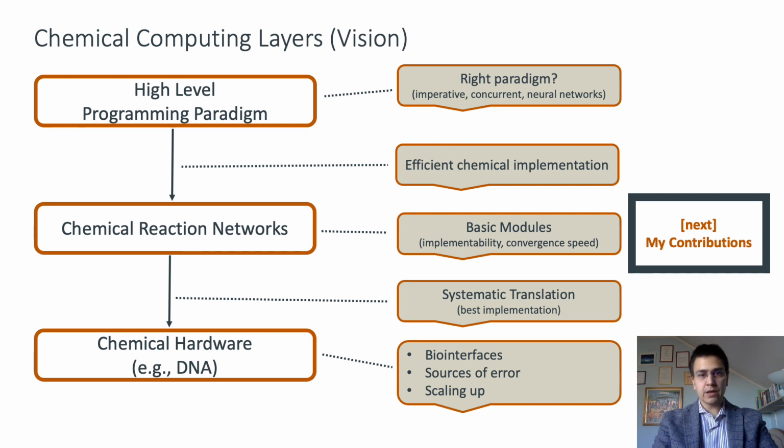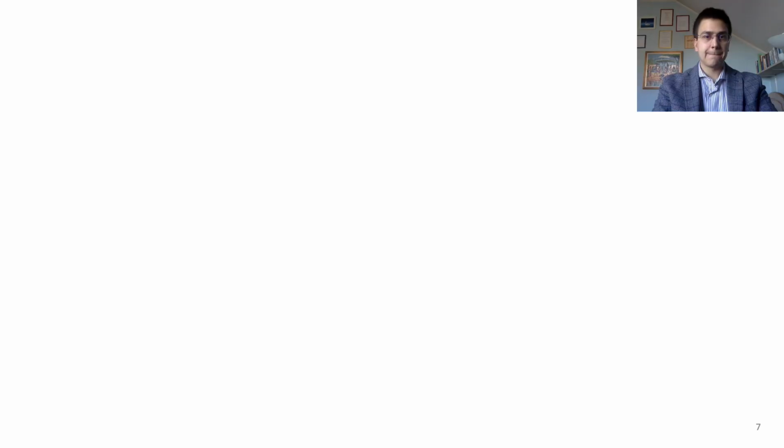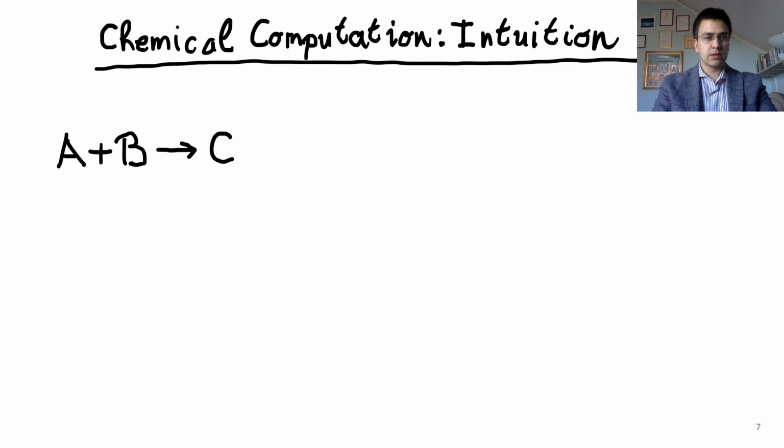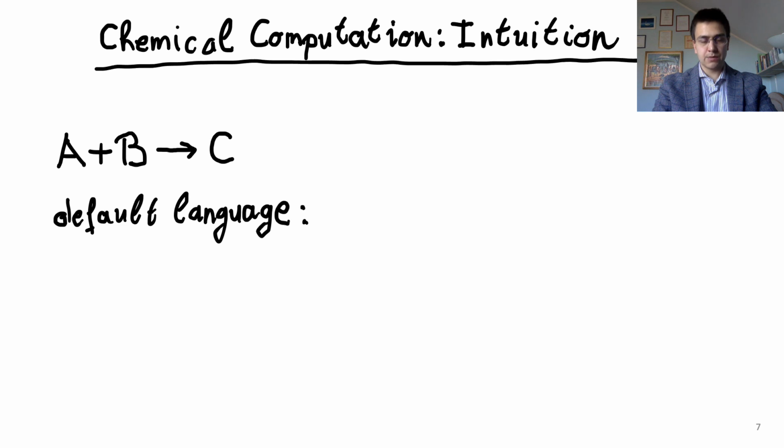Next, I'll talk about my contributions that tackle some of these questions. But first, let me give you an intuition on what it means to compute in chemistry. So we'll take a look at the reaction A plus B goes to C. Indeed, the default language to describe chemical computation are chemical reaction networks, that is, sets of reactions.